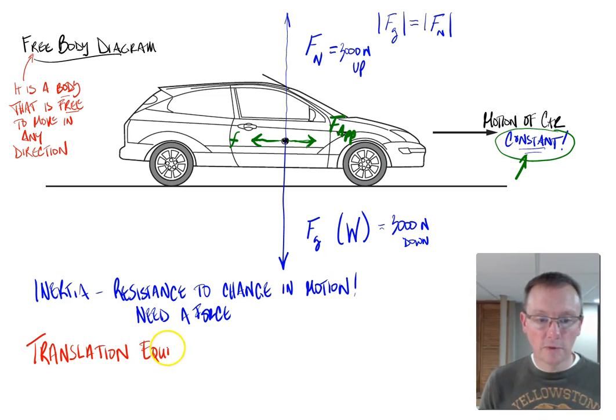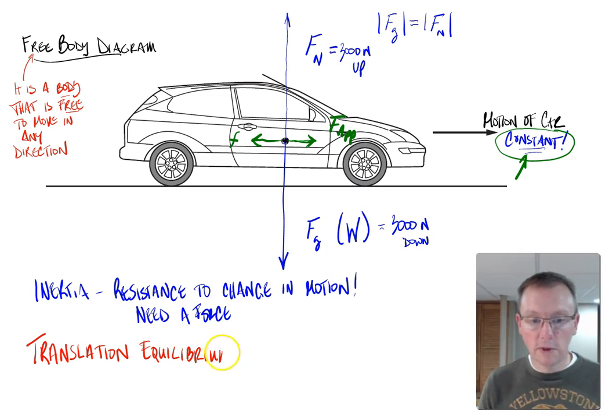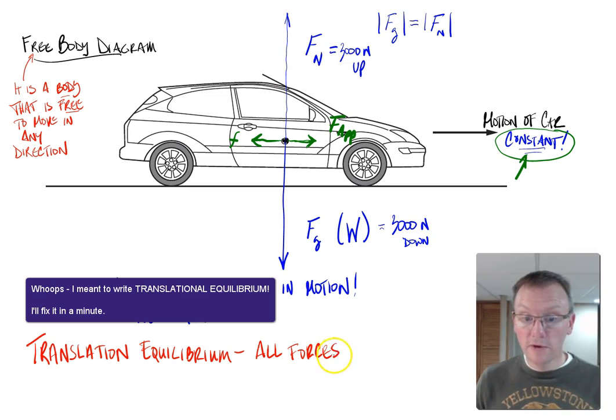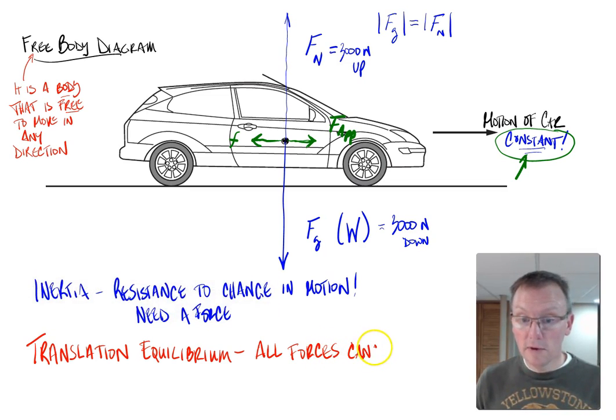Everybody gets super impressed when you say it, so say it often. Translational equilibrium. And what does that mean? It means all forces cancel. And it also means that the motion is constant.